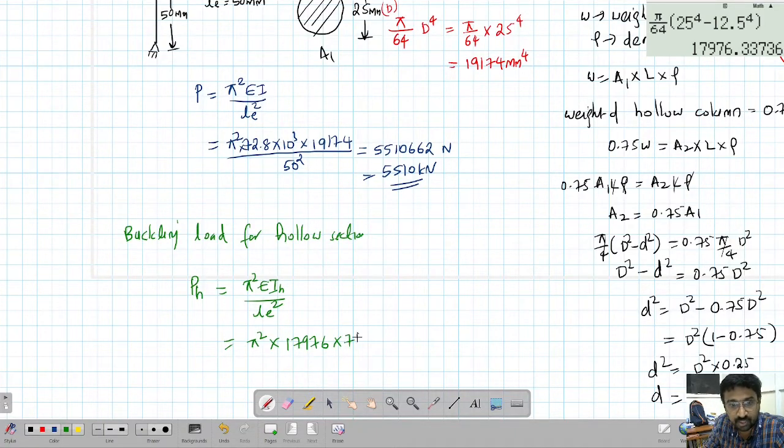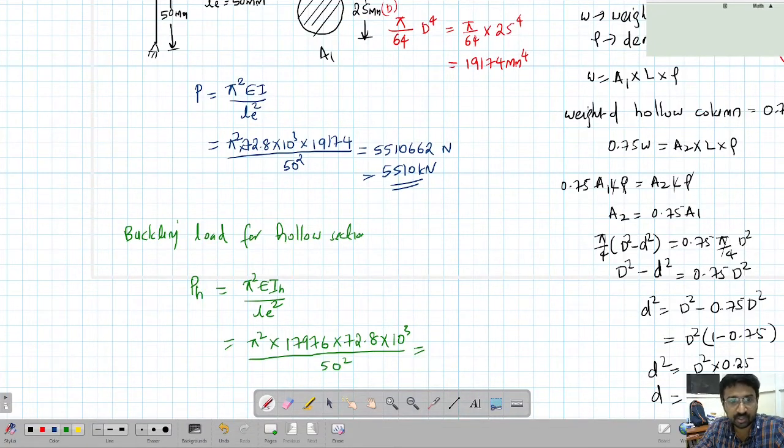It is 72.8 into 10 to the power 3, divided by LE, which is 50 squared. The length and effective length are also the same. So we'll quickly calculate this also. Pi squared times 17976 times 72.8 times 1000 divided by 50 squared.